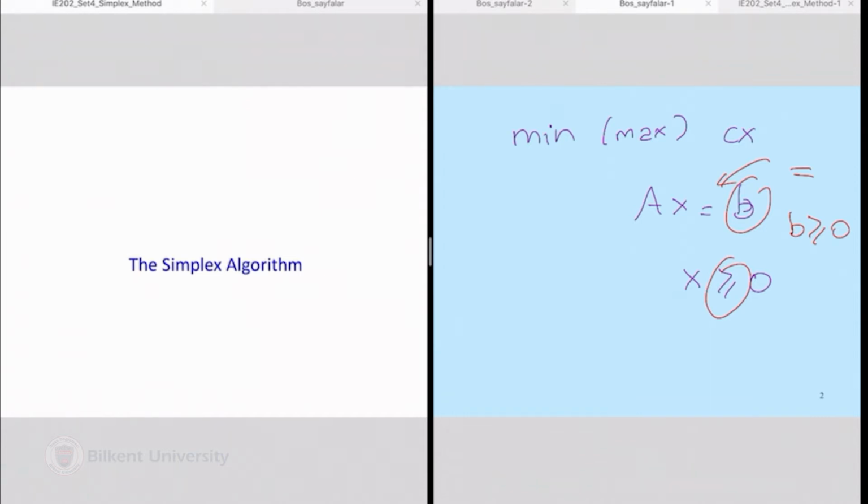So the Simplex method is going to deal with structures like this and is going to find an answer, if there is one, to a structure like this. There was one other thing we wanted. What was it? In the standard form requirement. So if I tell you that A is an m by n matrix, it's rectangular, it has more columns than rows, we had another requirement.